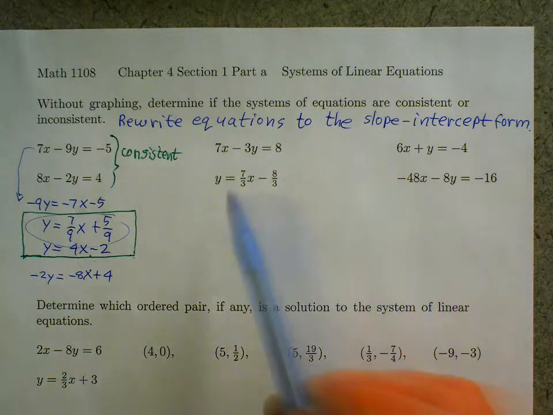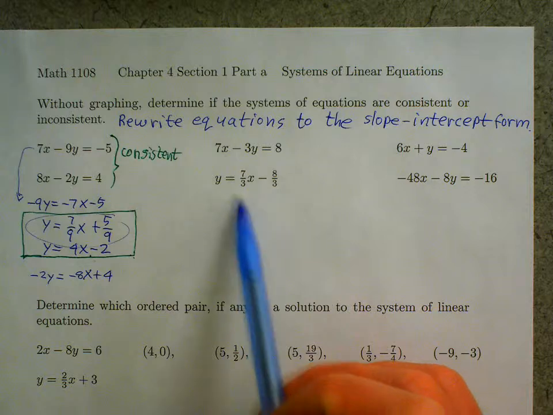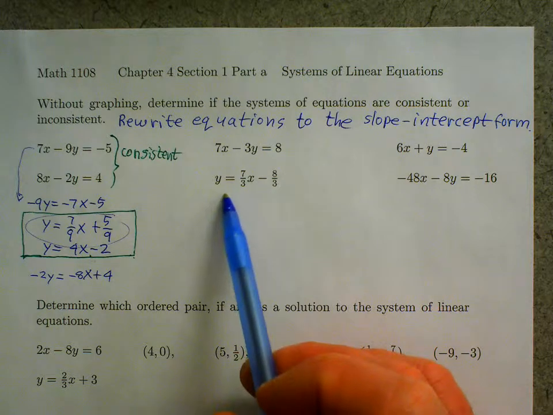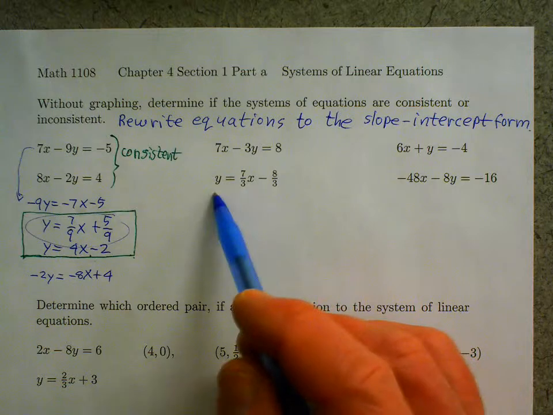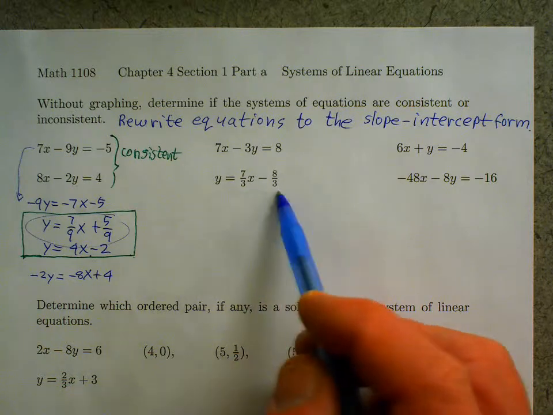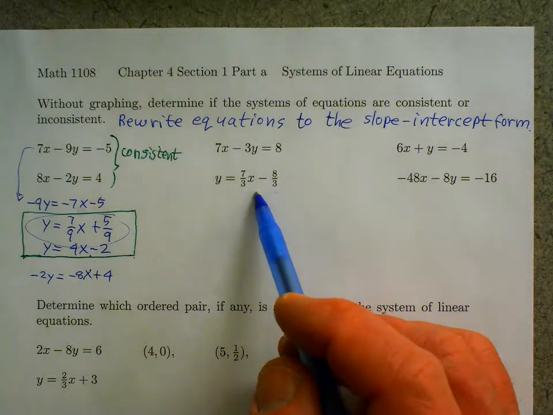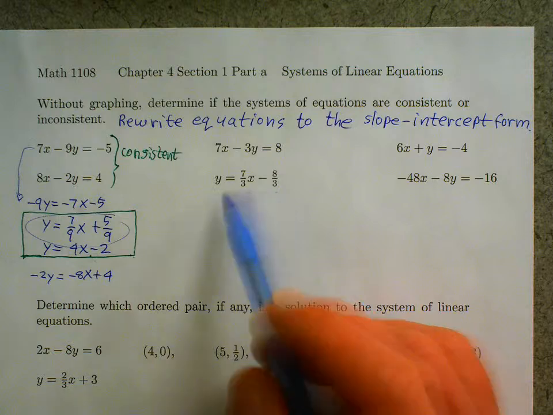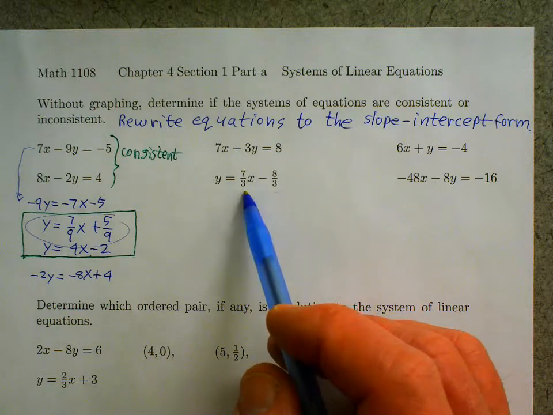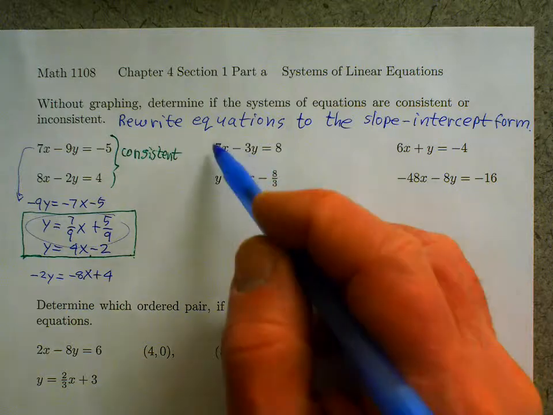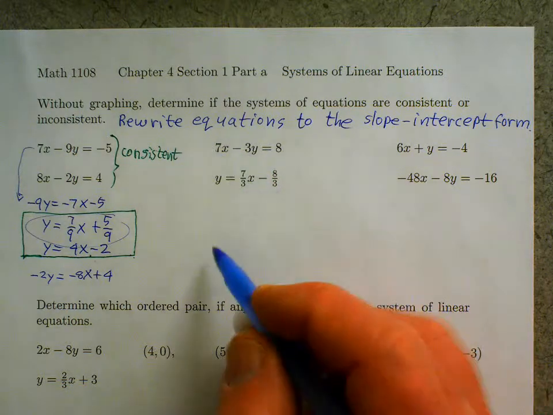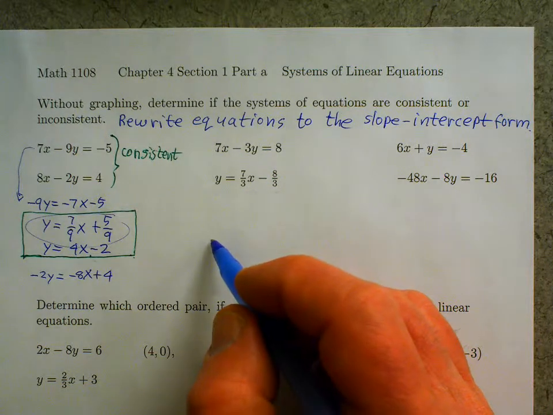And in the next system of two linear equations, one of the equations is already in slope-intercept form. The bottom equation, y equals 7/3 x minus 8/3. So the top equation, solve for y.